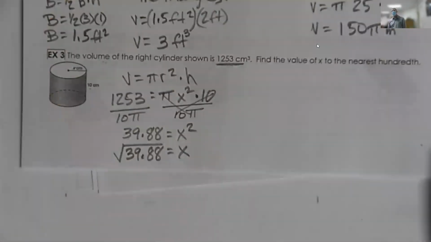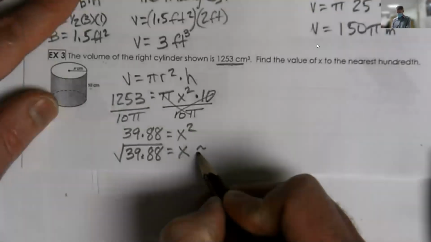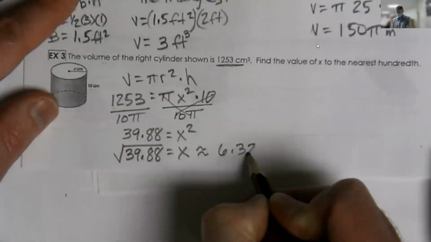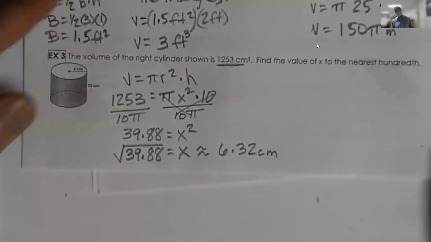And that will come out to 6.32. Those are centimeters. And that would be your radius.